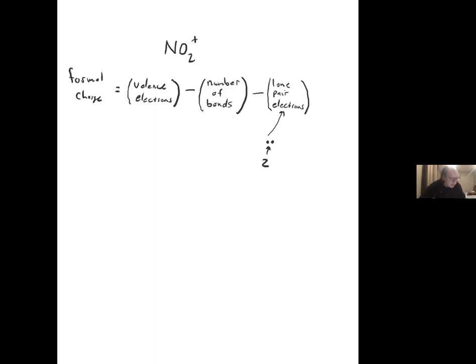So let's take a look at NO2 plus. So the student proposed the structure. So I assume the student put the oxygens on the side as surrounding atoms. Now, what else did the student propose? Did they propose any double bonds or anything? Just 1 second, I'll find exact.